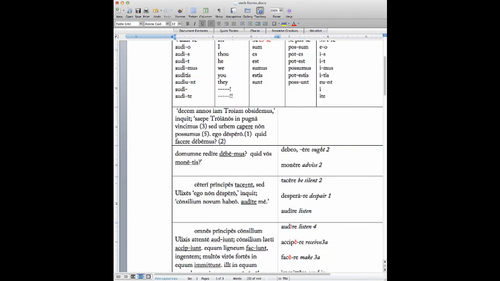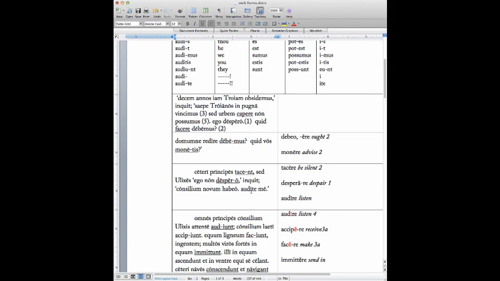Tace means quiet, or are quiet. So tacent, they are silent, they are quiet. Despero, o means I. Despair means to be without hope, to despair. So despero, I despair.